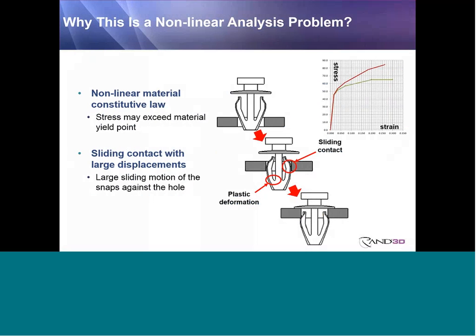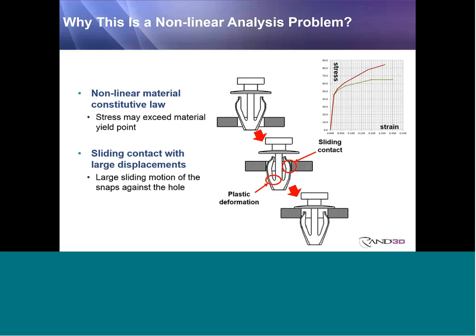Okay, so why is this problem nonlinear? Despite its simplicity, it involves all three kinds of nonlinearity. First of all, the stress in the clip may exceed the material yield point, so there might be some plastic deformation at the clips, and we need to model that.